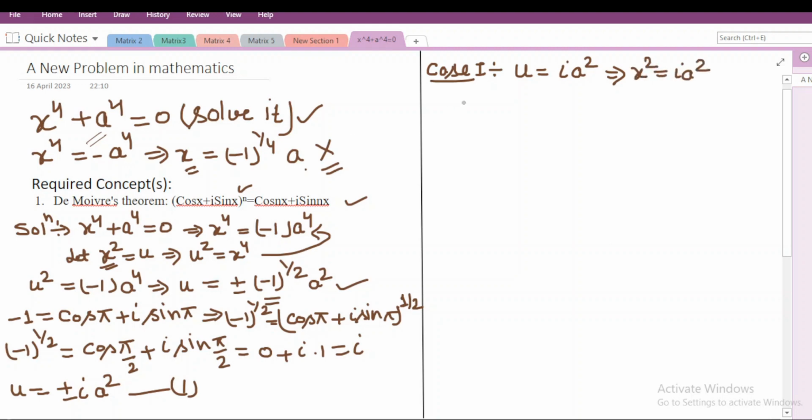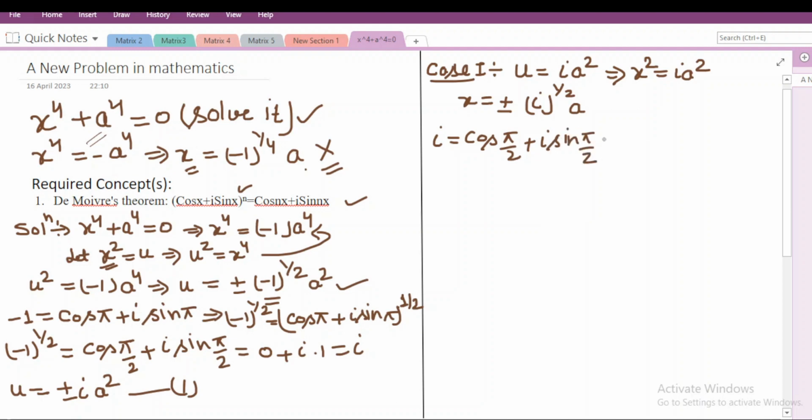We will have the value of x as plus minus i to the power 1 by 2 a. Okay, now we will again use De Moivre's theorem. The value of i will be cos pi by 2 plus i sin pi by 2.